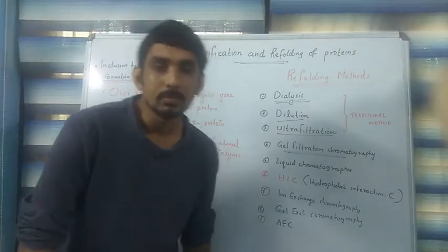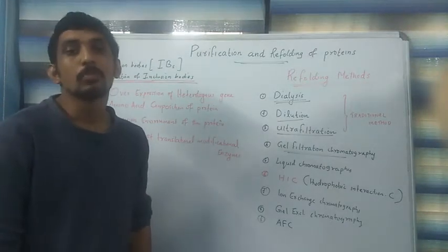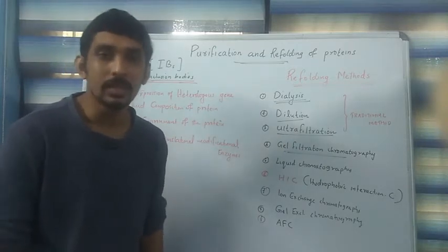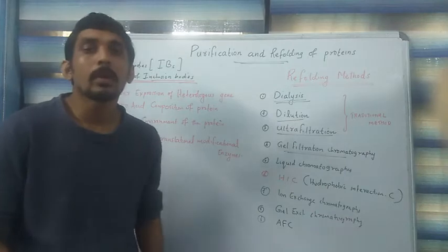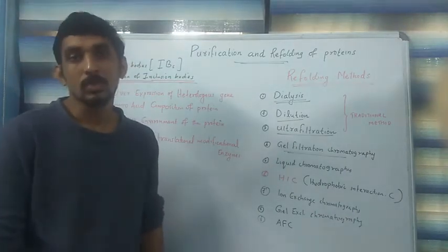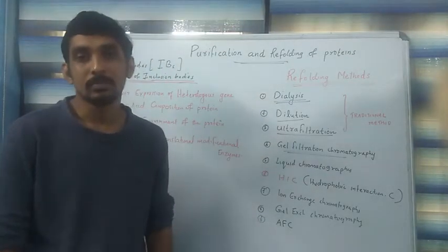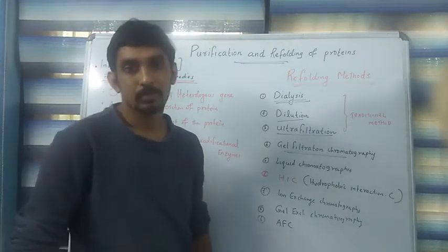So during the production of proteins from a heterologous gene, that protein may not be a functional one. So we need to purify that protein by refolding in different ways.